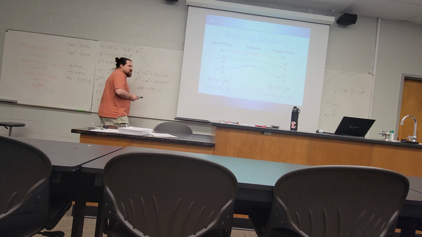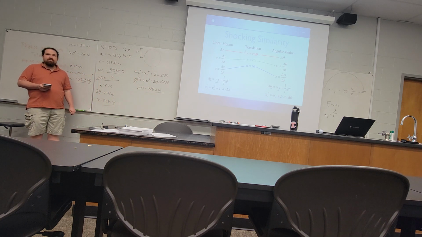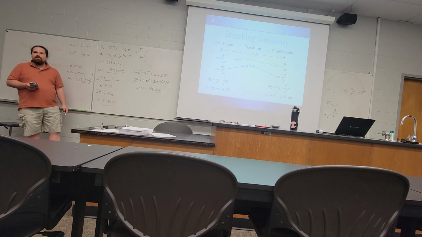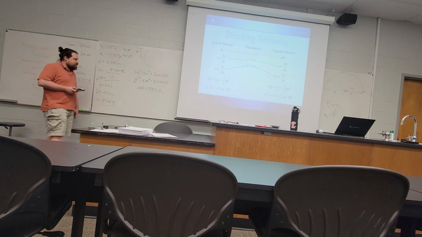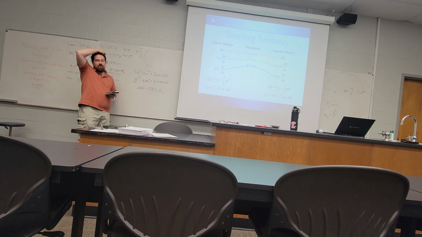That comes out to about 730 radians. Just for context, that would be about 116 rotations if you divide it by 2 pi. So they spin 116 times on the way to slowing down.